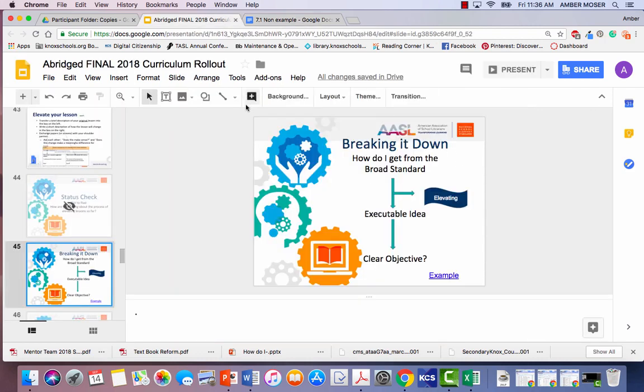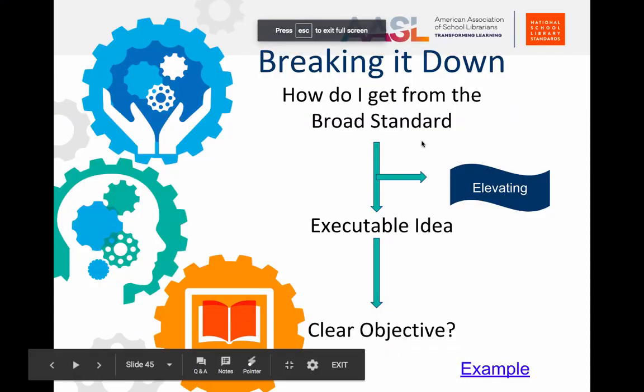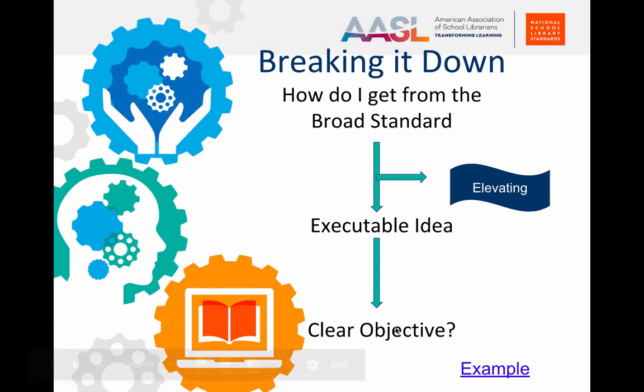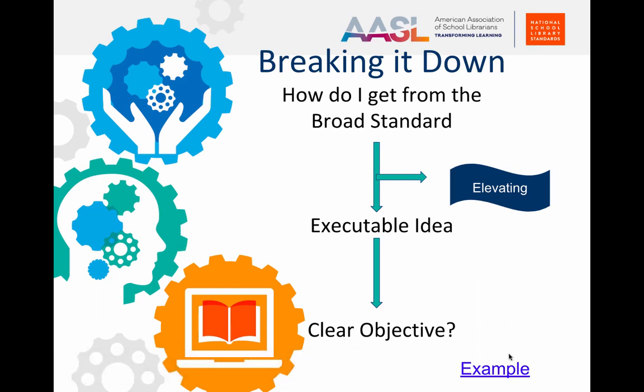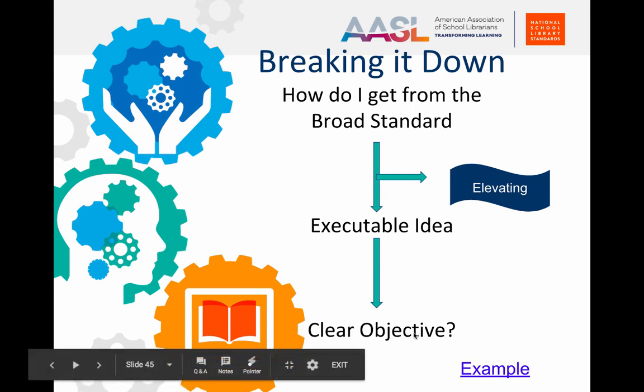So back to the ideas we were looking at, we just took a broad standard. We said, hey, here's how I could attack this standard, and here's exactly how I'm going to do it. The example we just looked at helped us tease out how the objective can be used to clearly define how these 3 things here are going to be aligned.